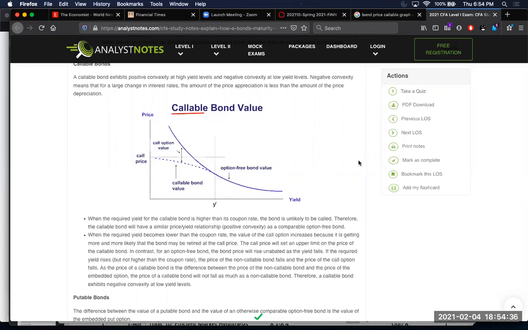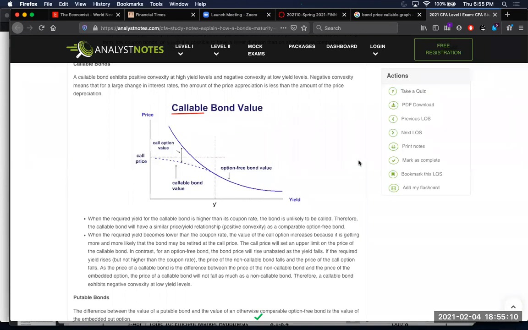Now it's confusing because when a company decides to issue a callable bond, they have to incentivize the investors. And so when they issue a callable bond versus a vanilla bullet bond, the callable bond will have a higher yield at issuance.